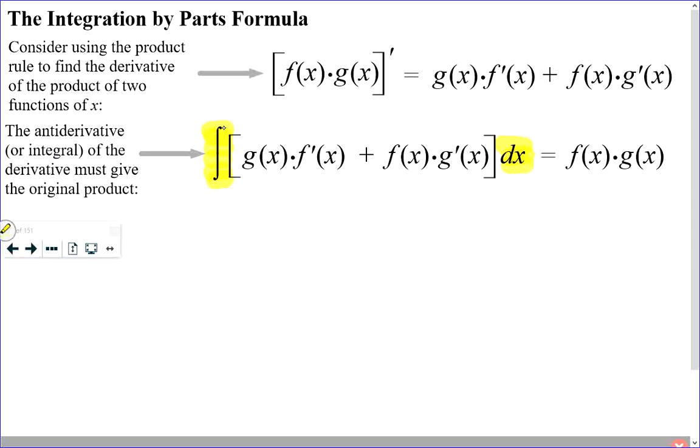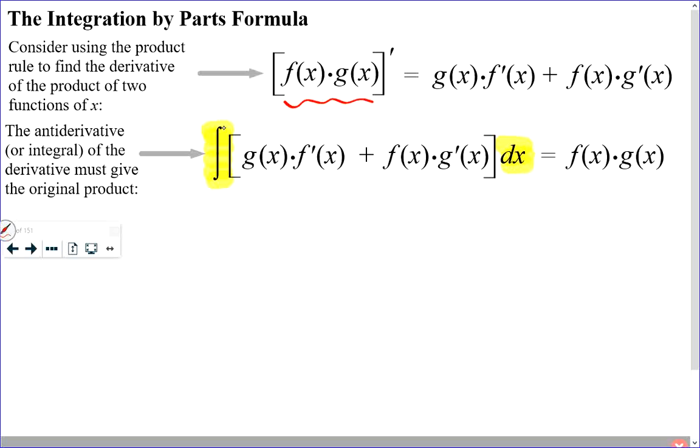I've switched sides here: what's on the right-hand side, I'm writing on the left, and what's on the left-hand side, I'm writing on the right. When I anti-differentiate this, I get the original thing that I differentiated. In other words, the antiderivative of this will give me f of x, g of x.